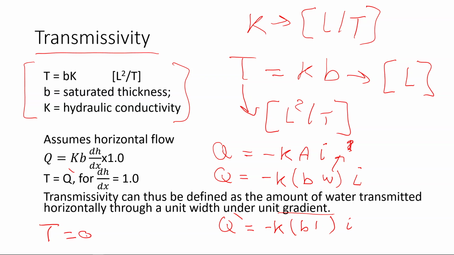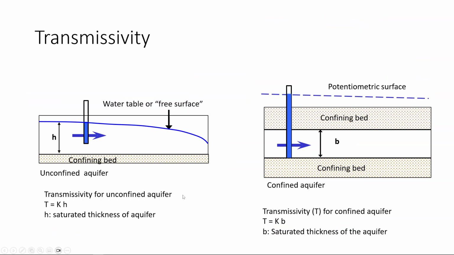T will be equal to Q prime, and that would be the amount of water transmitted horizontally through unit width under a unit gradient. Okay, so let's look here.